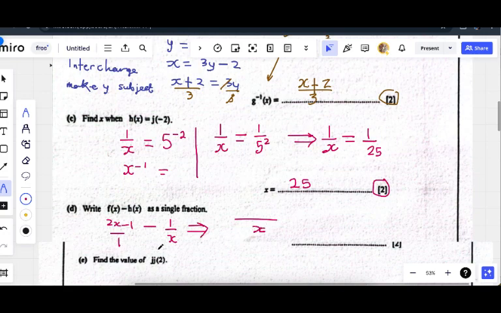So we take this LCM to divide each of the denominators. x divided by 1, we get x. Then we use it to times this. Whatever we get, we use it to times this. So x times 2x, we get 2x squared, minus x.